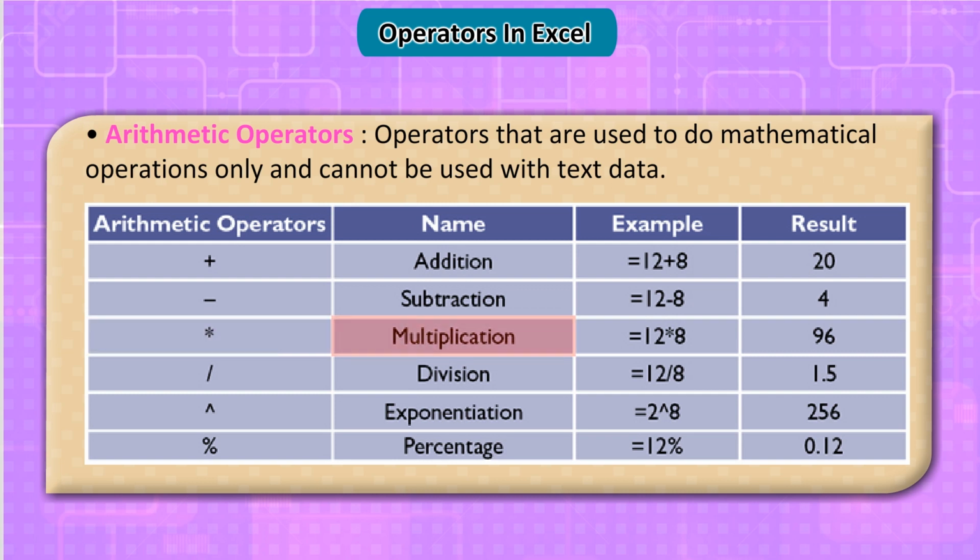Multiplication: equals 12 times 8, result 96. Division: equals 12 divided by 8, result 1.5. Exponentiation: equals 12 to the power 8, result 256. Percentage: equals 12 percent, result 0.12.